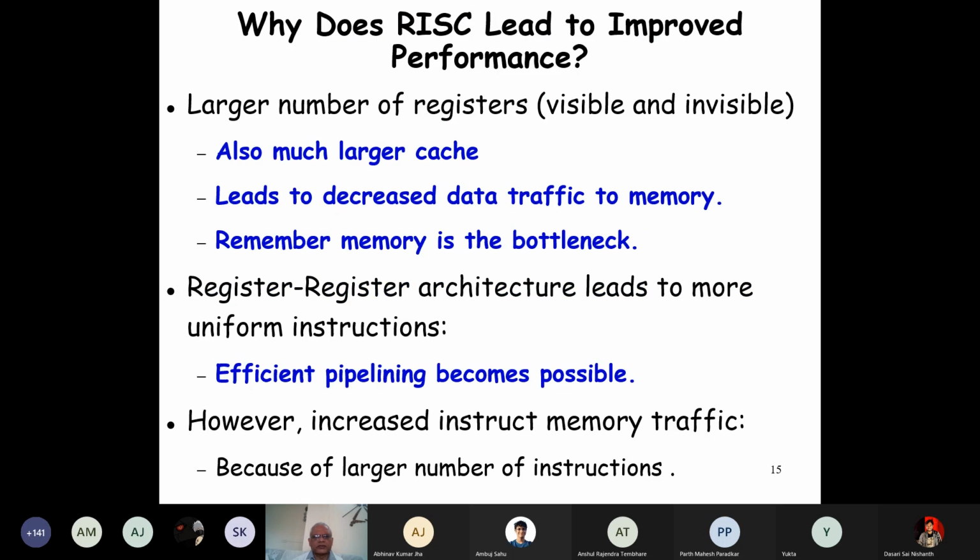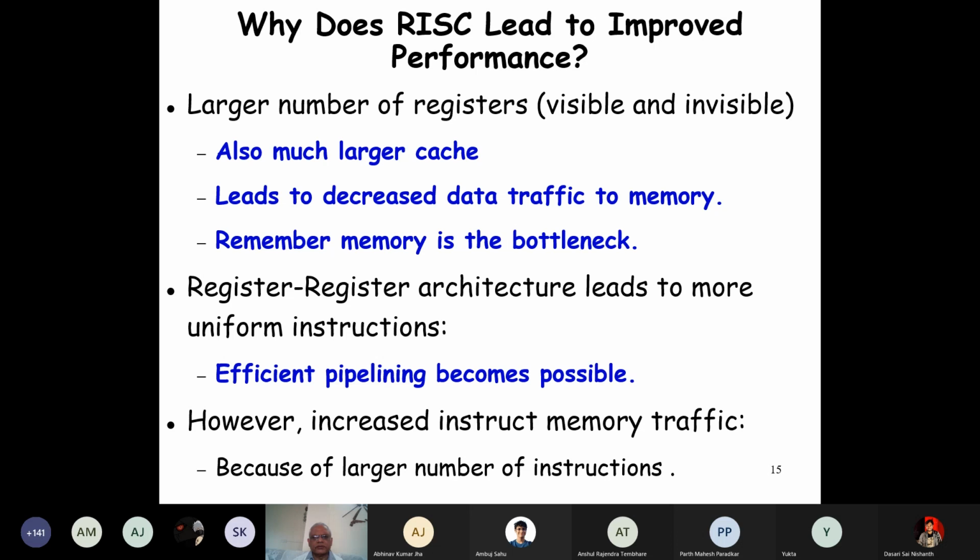Now let's analyze why RISC leads to performance improvement. We have a large number of registers, maybe 2000, but only 32 of them are visible. The rest are invisible to the programmer. They're not part of the instruction set architecture. Inside they are there, and they hold temporary results.